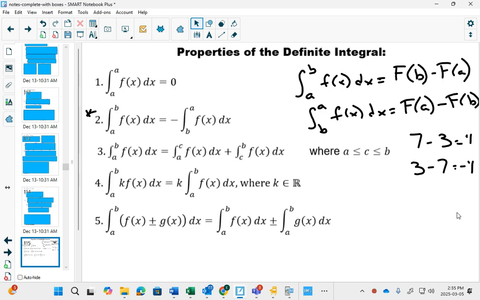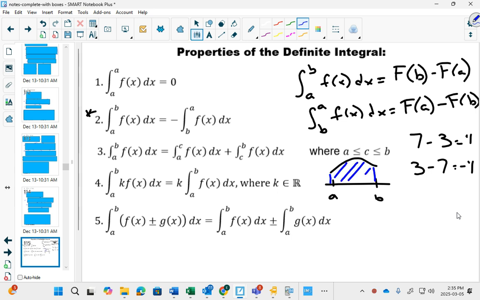I like this one. It really makes sense if you think of a picture. Integral from A to B means that you are figuring out the area under the curve from A to B. If we introduce some value C in between, does it make sense to you that the area from A to C plus the area from C to B would be the same as what you started with, the area from A to B?